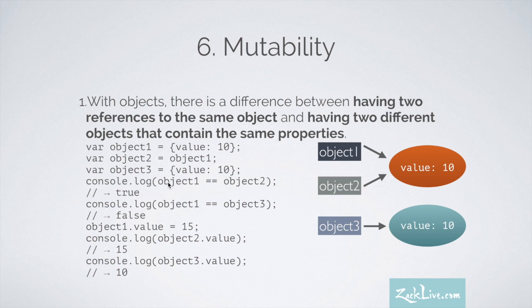When we console log whether object 1 equals object 2, we get true. But when we do the same thing to object 1 and object 3, we get false, because object 1 and object 2 refer to the same object, but object 3 created a new object with the same property.